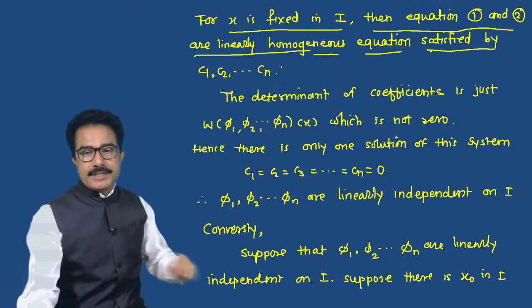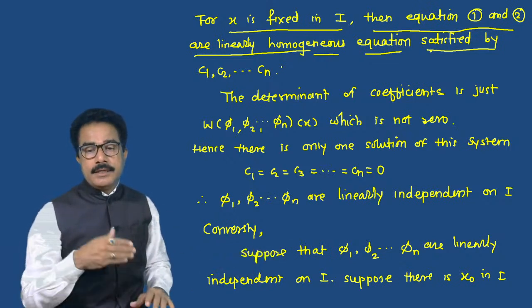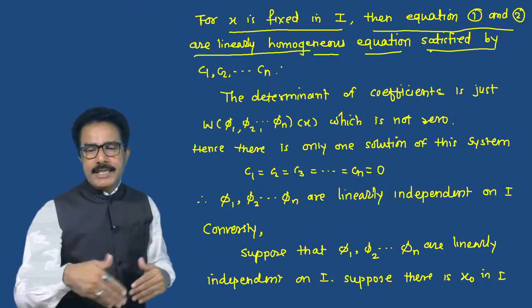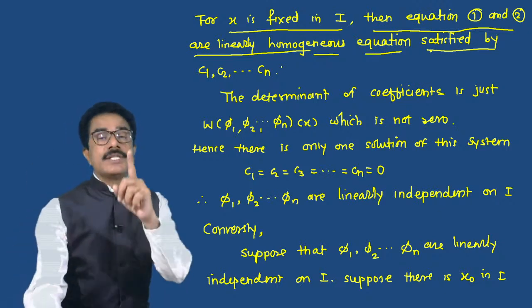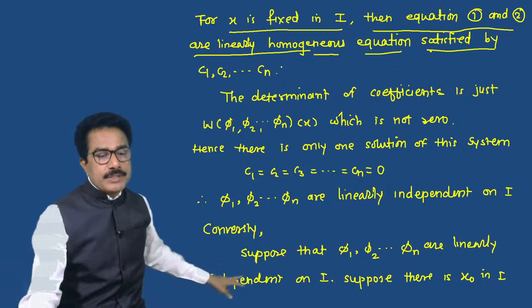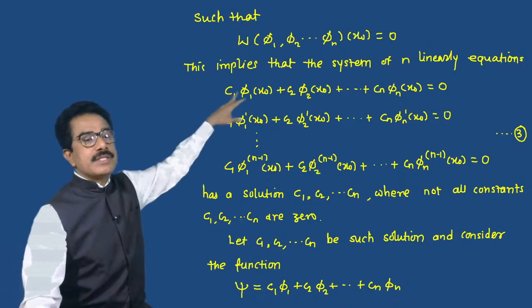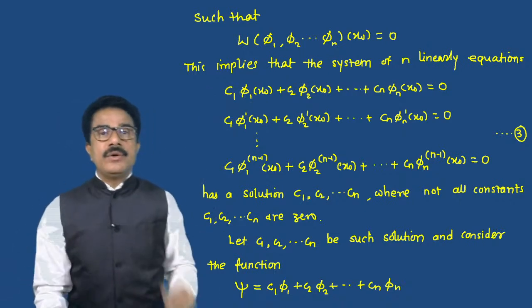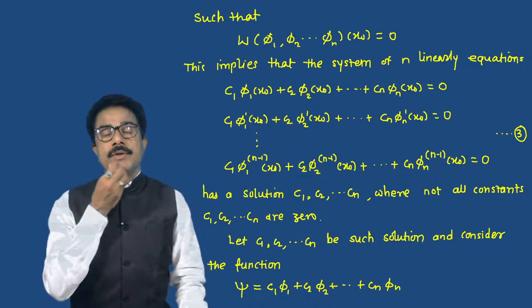What is that contradiction here? Suppose phi 1, phi 2, dot dot dot, phi n are linearly independent, then also suppose the Wronskian is equal to 0. Suppose there is a point x0 in I such that the Wronskian of x0 is equal to 0.